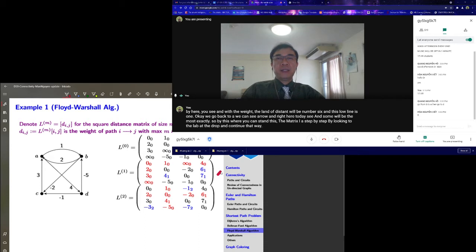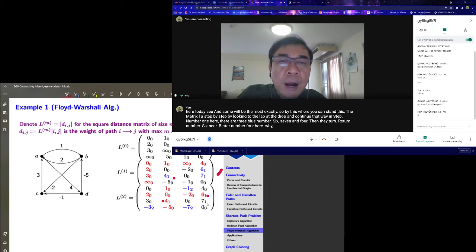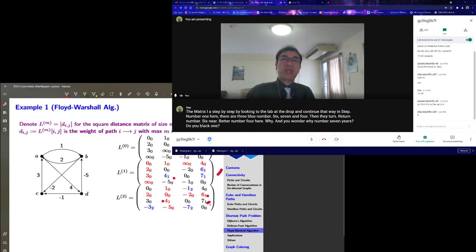In step number 1 here, there are 3 blue number, 6, 7, and 4. Then they turn number 6 here, they turn number 4 here. But why? Can you wonder why number 7 here still black one? I am curious again.